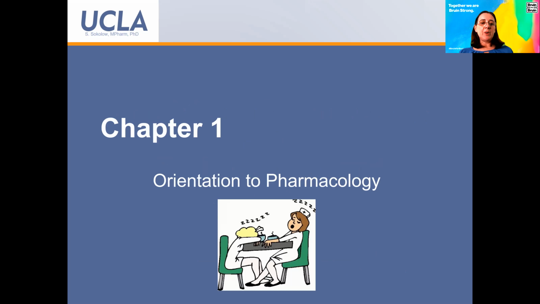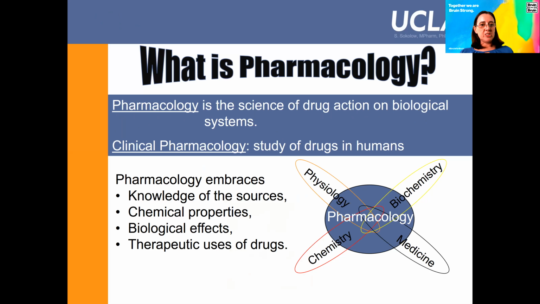So first of all, what is pharmacology? Pharmacology is the science of drug action on biological systems. When scientists are working on developing a drug, the first thing is just a chemical that they have to try on different systems.